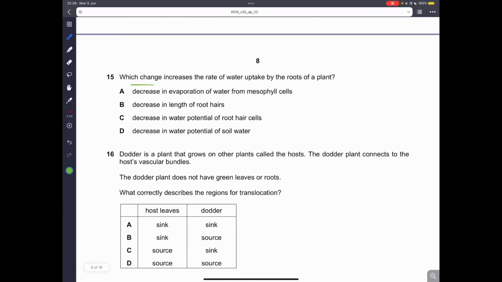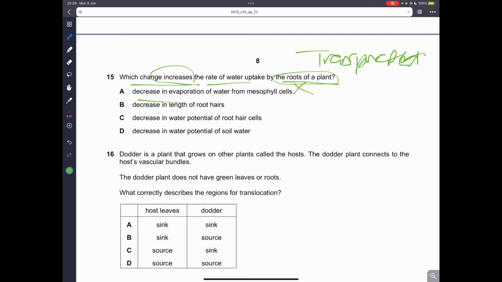Question number 15. Which change increases the rate of water uptake by the roots of a plant? To increase the water uptake by the roots, the evaporation rate has to increase, and therefore the transpiration rate has to be higher, in order for the transpiration stream of water uptake by the roots to increase as well.